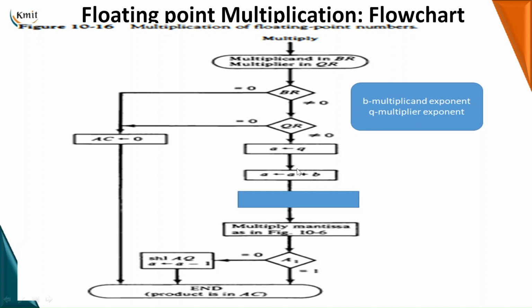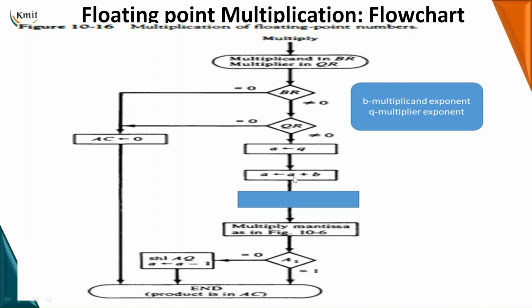But in the hardware implementation, we have a parallel adder present only between the exponents A and B. So what we are doing is transferring the contents of the multiplier exponent into the small a register, and then performing an addition operation on the contents of small a and small b.